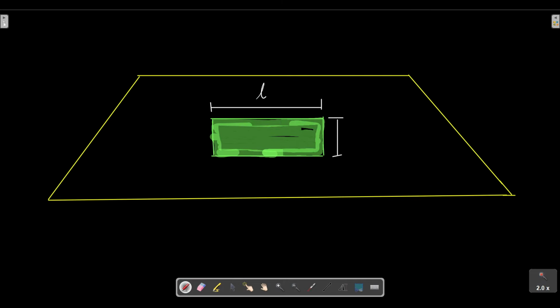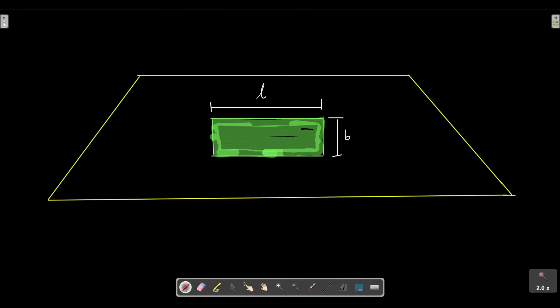Once we have the length and the breadth, we will be able to calculate the area of this piece of paper, and therefore determine how much space on this table this paper is taking up.